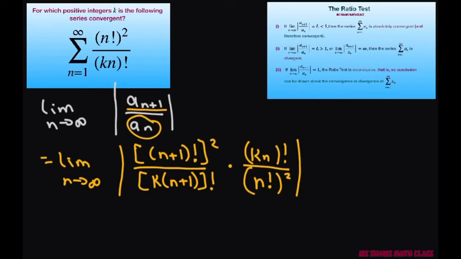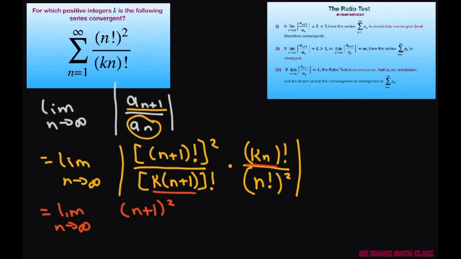All right. Now this is going to simplify to the limit as n approaches infinity. For our numerator, we're just going to get (n plus 1) squared, because this part will cancel out.